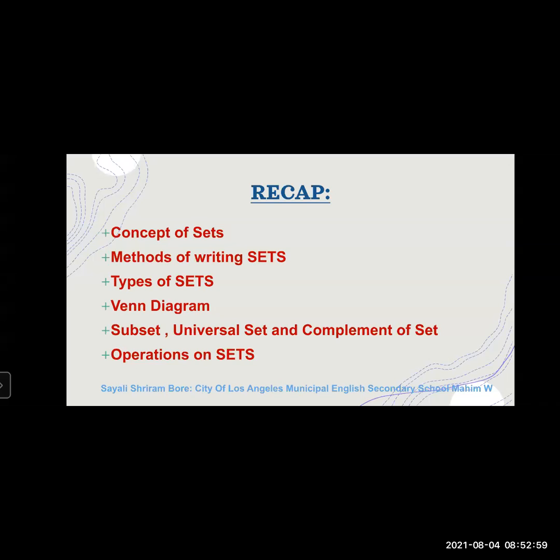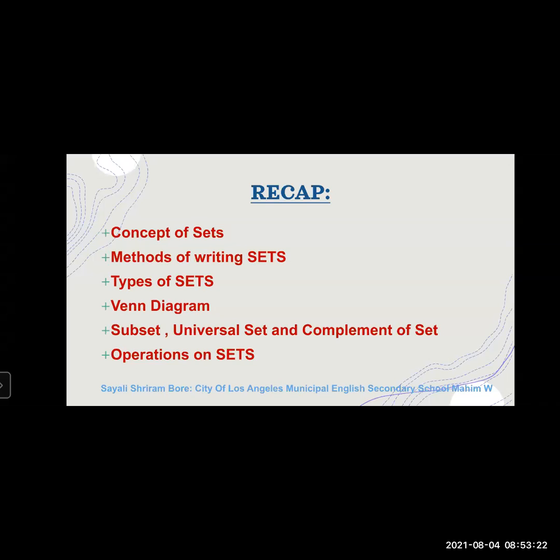So far we have done the definition or the concept of the sets. Then two methods of writing sets. First one is the listing method and the second one is the rule method. Conversion from rule to the listing and from listing to the rule.